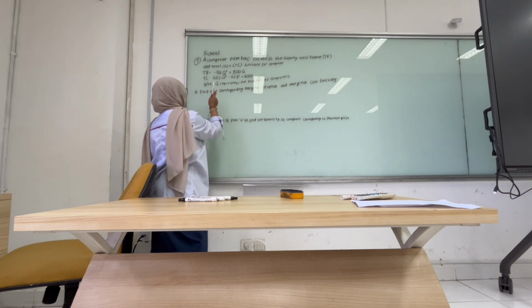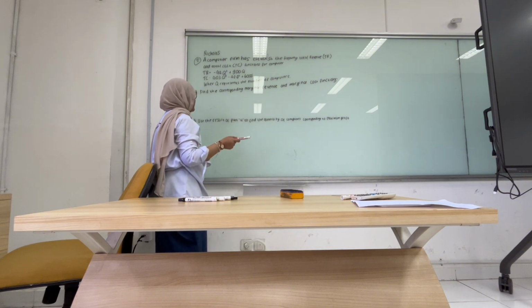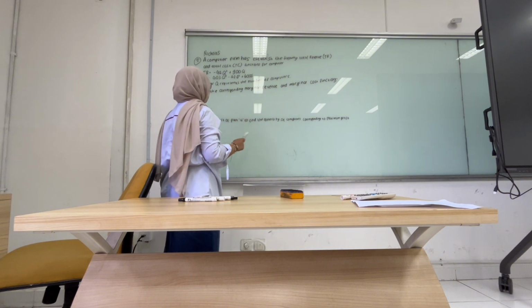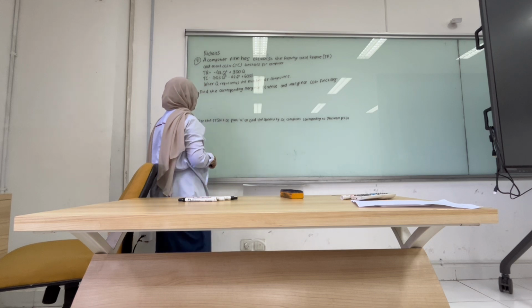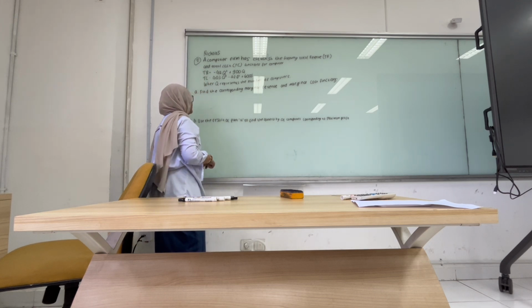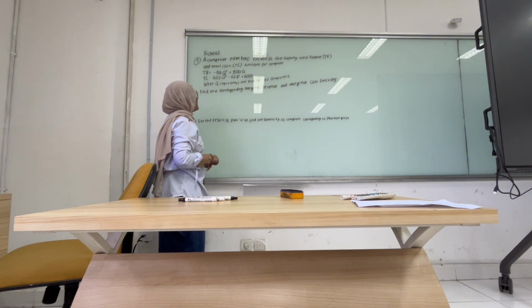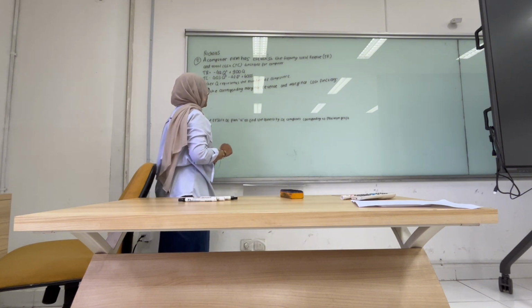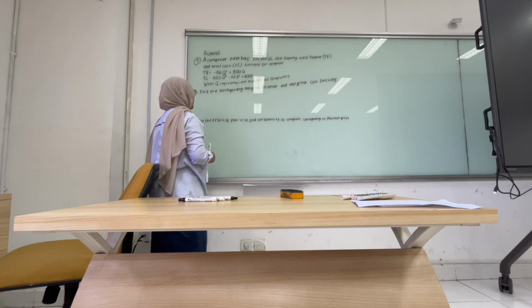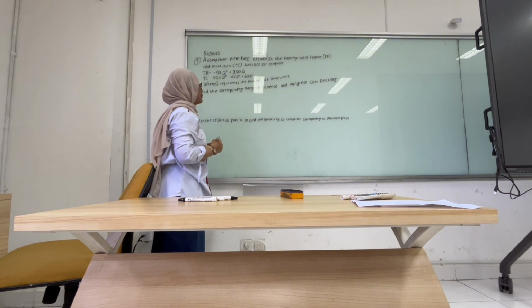TR equals minus 0.2 Q quadrat plus 900 Q. TC equals 0.03 Q cubic minus 0.2 Q quadrat plus 6,000, where Q represents the number of computers.